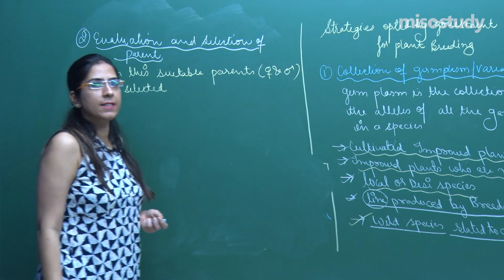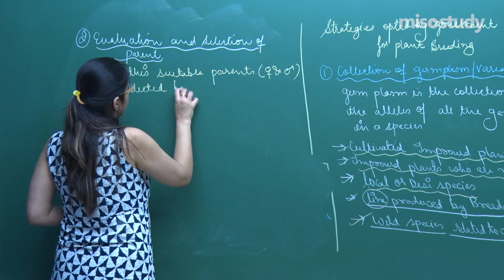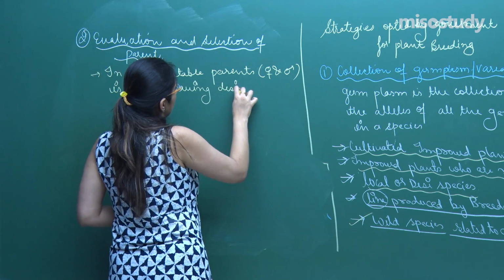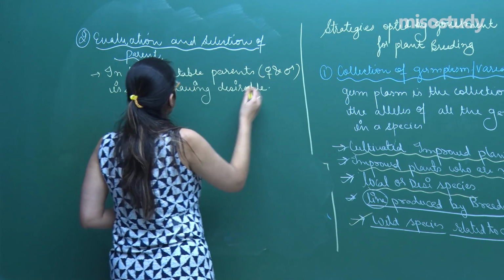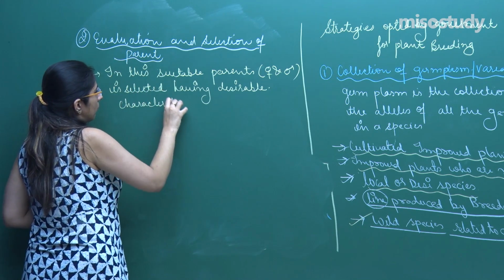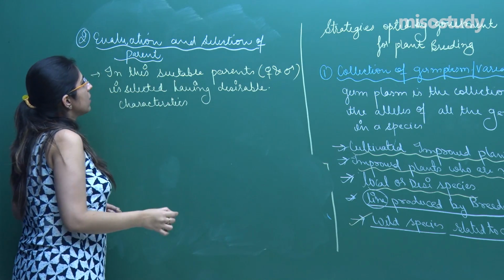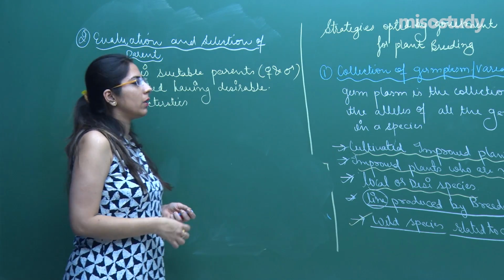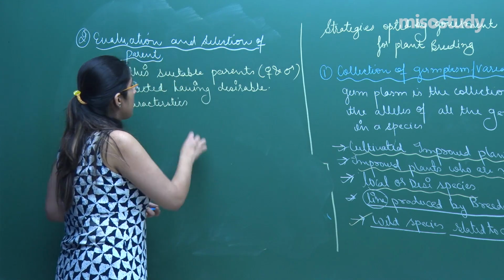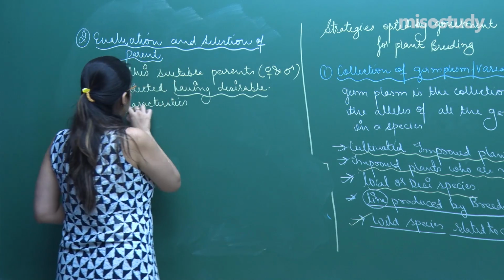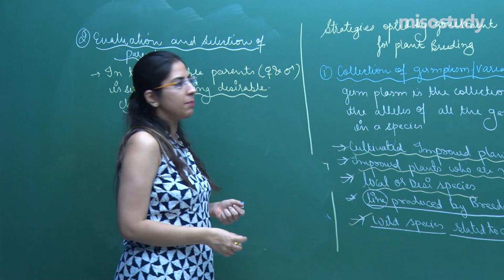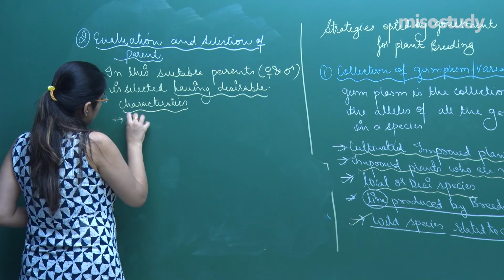And they should have desirable characteristics, because the next generation will now have those characteristics, those characters, right? For example, one of the parents is chosen as a male and the second as a female.